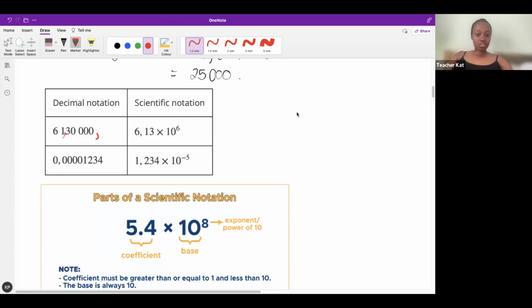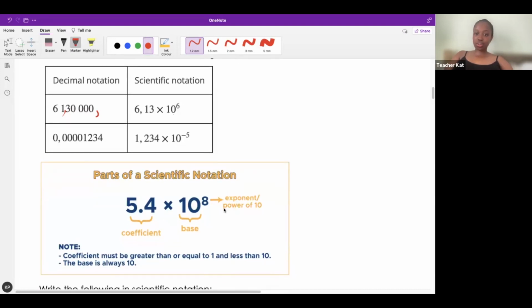Because your coefficient has to be what? Your coefficient has to be? It's on the screen right now. Here, look here, guys. Less than 10.